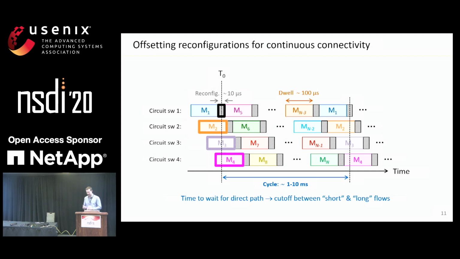Now given these time constants of the switches and given modern link speeds, 10 to 100 gigabit per second, it takes Opera between 1 and 10 milliseconds to step through all of the matchings. We can think of this as the time it takes for a specific direct connection to come up in the network. This is really driving what we're considering as the cutoff between short and long flows in Opera.